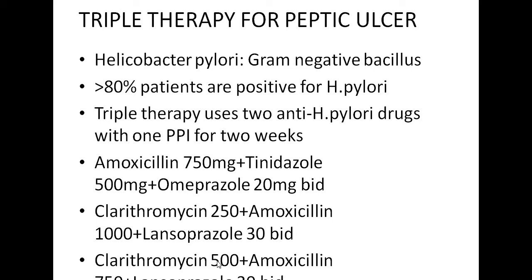So these triple therapy medications are available as kits. That is 2 packets, each containing one kit to be taken in the morning and 1 at night, just before going to bed, or 1 hour before dinner.